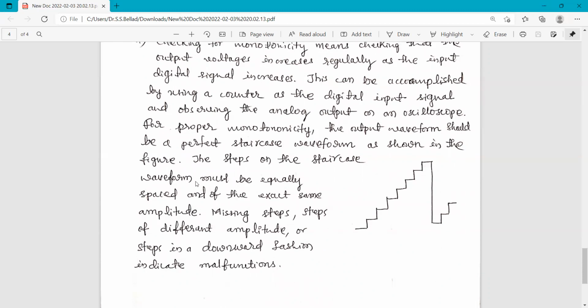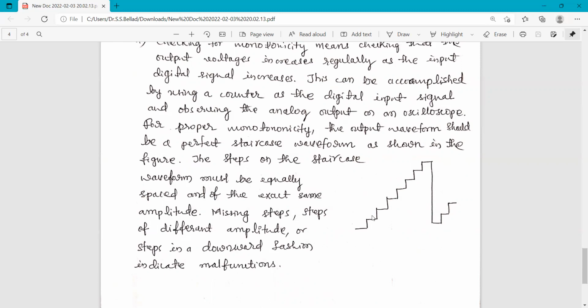The steps on the staircase waveform must be equally spaced and of the exact same amplitude. You see these are the steps. They should be equally spaced and there should not be any missing steps. Missing steps, steps of different amplitude, or steps in a downward fashion indicate some malfunction.